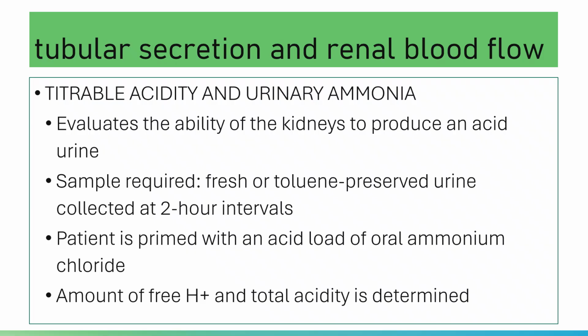So in renal tubular acidosis, there is a consistently alkaline urine because of the impaired secretion of hydrogen ions. That is for your titrable acidity and urinary ammonia.